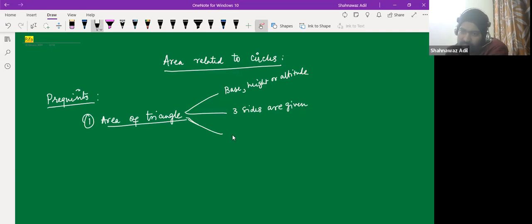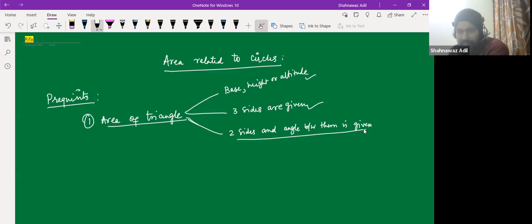And the third one is that you have two sides and the angle between them is given. Right. So do you remember the third one? No, so this is not similarity of triangles. We are calculating the area, right?